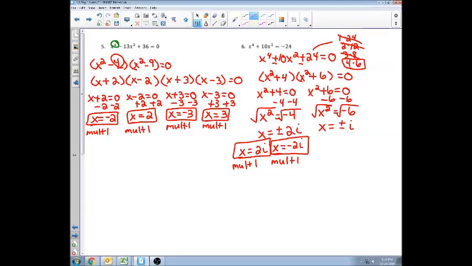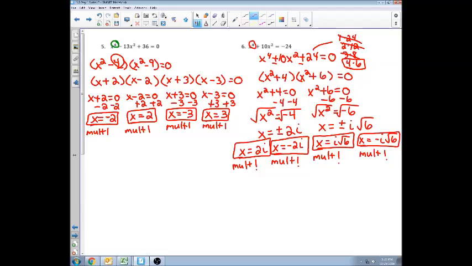So plus or minus i root 6, which means I have x equals positive i root 6 and x equals negative i root 6. So I'd have a multiplicity of 1 and a multiplicity of 1. Again, 1 plus 1 plus 1 plus 1 does equal my 4, so my multiplicities are good.